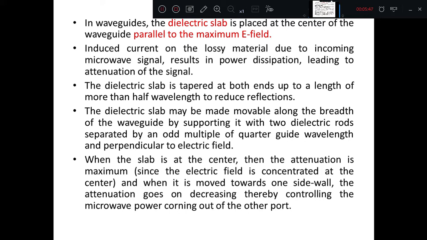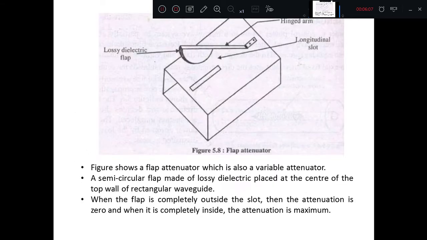If it is exactly at the center, since the electric field is maximum there, you will get the maximum attenuation, and whenever you take the slab away from the center, the attenuation decreases, thereby controlling the microwave power coming out of the other port.